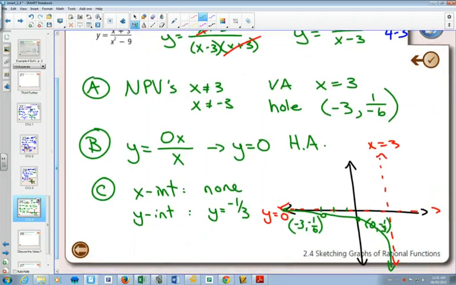So I'm going to have the point 4 comma 1. Now that I have a point in this section, I know that it has to approach the asymptote down there and up over there. So here we have a graph that has a hole in it and an asymptote.